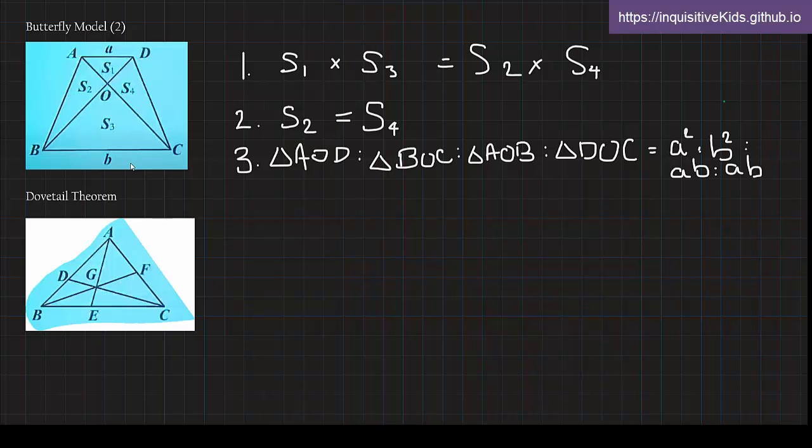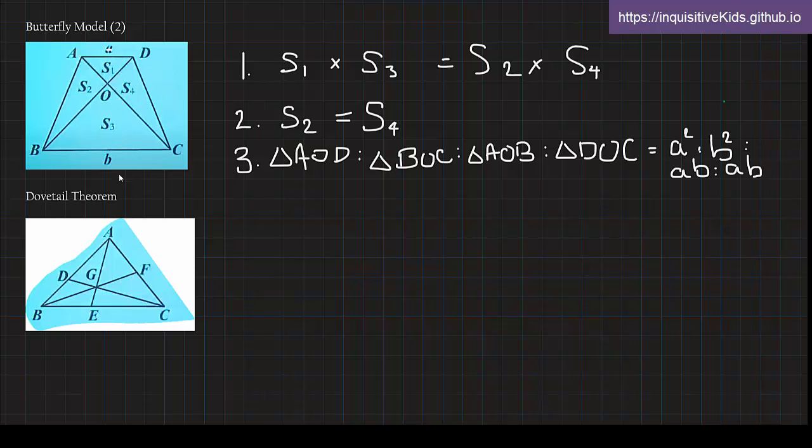And now here's the interesting part with the relationship of their areas. Their area ratio of AOD compared to BOC compared to AOB compared to DOC is the same as a squared to b squared to ab to ab.